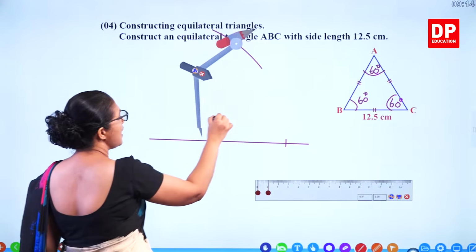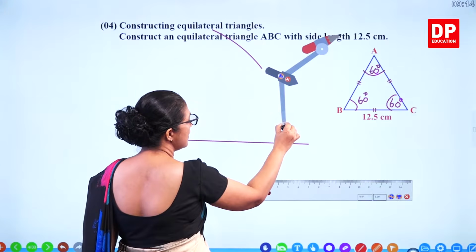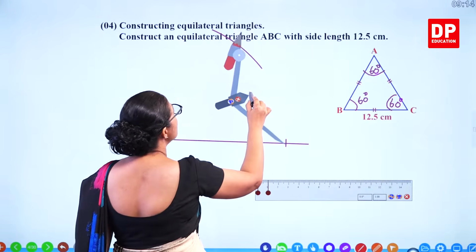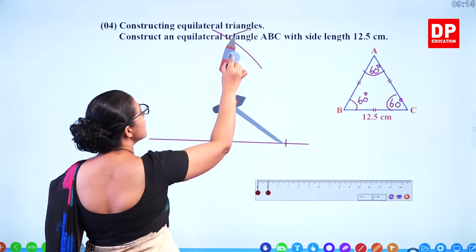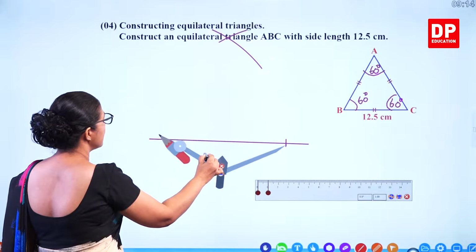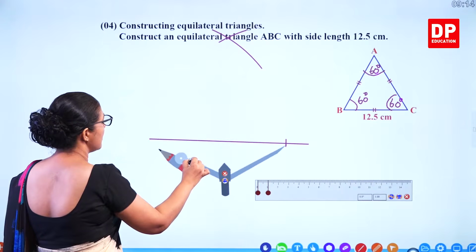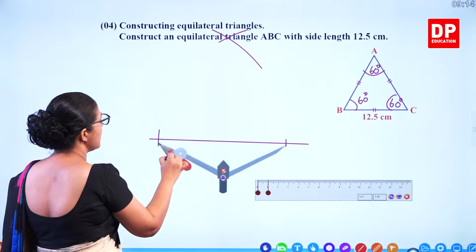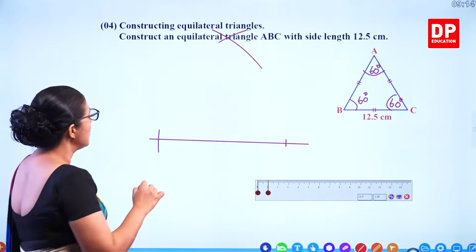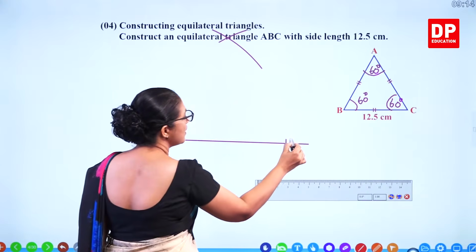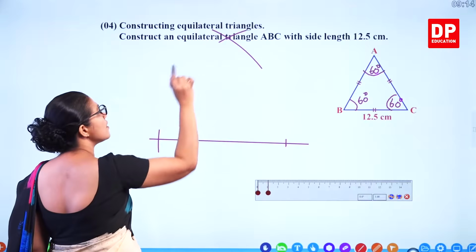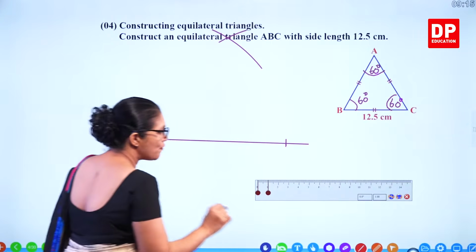Now you can keep the same length here and you can draw two arcs here as well as on the line. Now we can see we have 3 points. All the distances are equal. Here to here 12.5, here to here 12.5, here to here also 12.5.